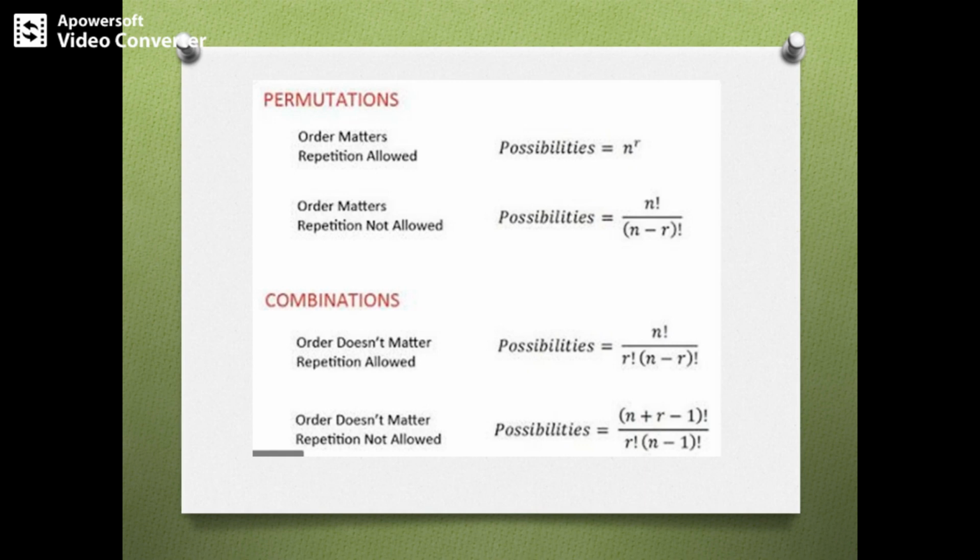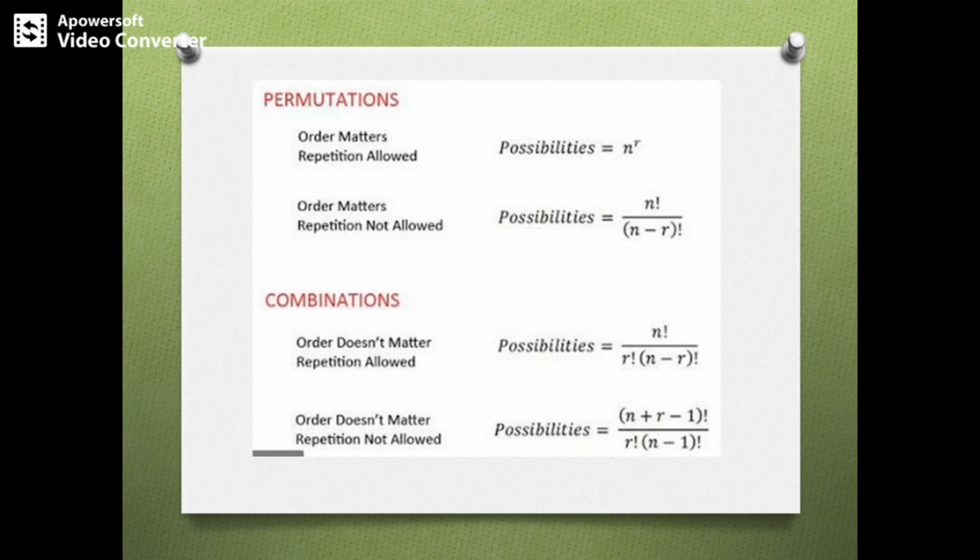If repetition is allowed, for example if there are n objects and it appears r times, the number of possibilities is n raised to r. In the second variation, if repetition is not allowed, the number of possibilities is P(n, r), which is n factorial by (n minus r) factorial, where n is the number of objects and r is the choice. That means out of n objects we are supposed to select r of them.